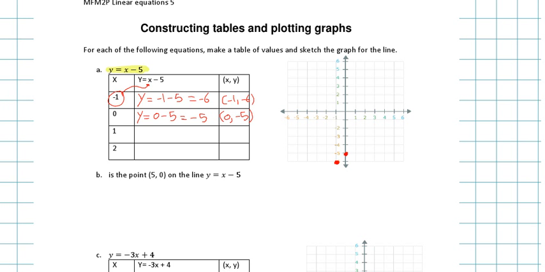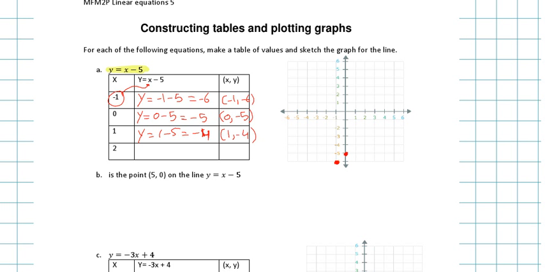How about if x is 1? What do I get? -4. That's right. 1 minus 5 is -4. So what's my point? (1, -4). (1, -4) is right.